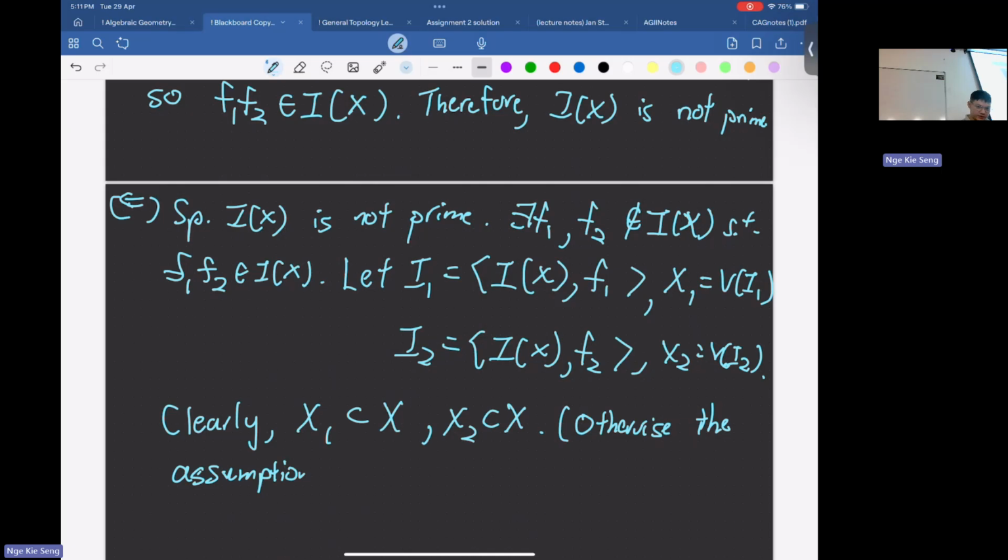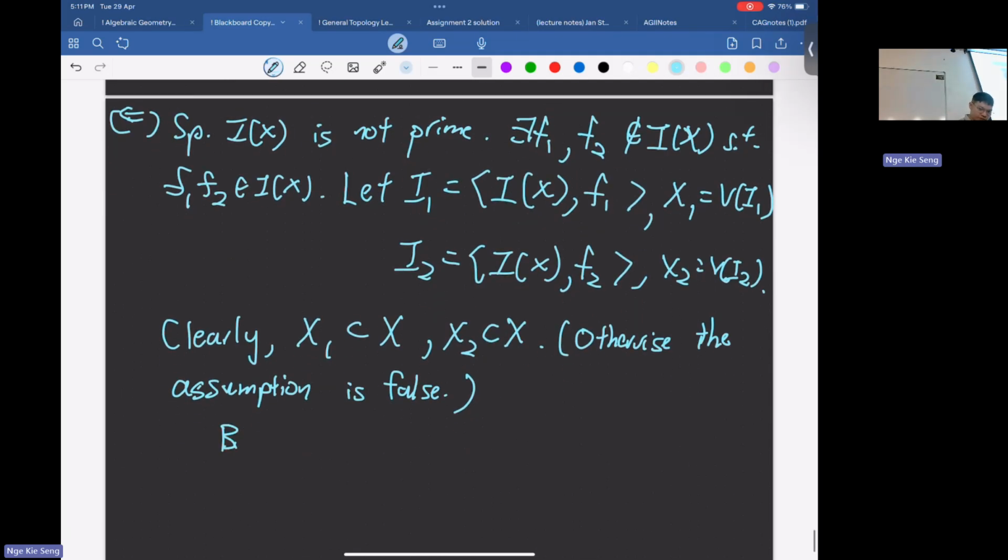If you can find them, that means you have some point in X that is not in X1 or X2. But what you can see is that X is in the union of X1, X2.